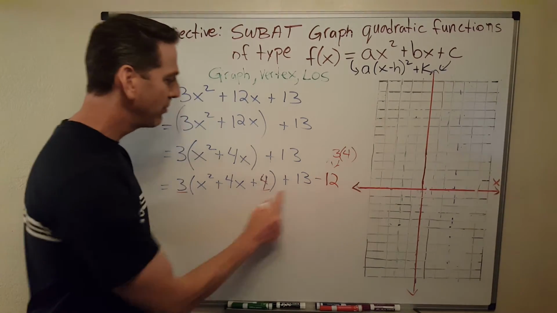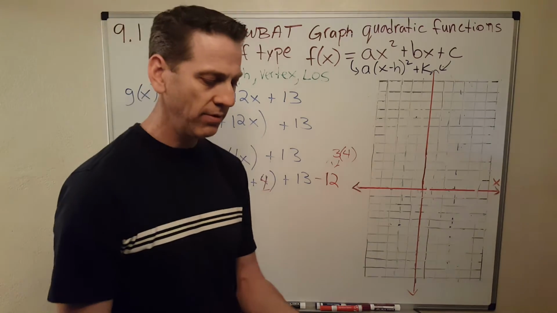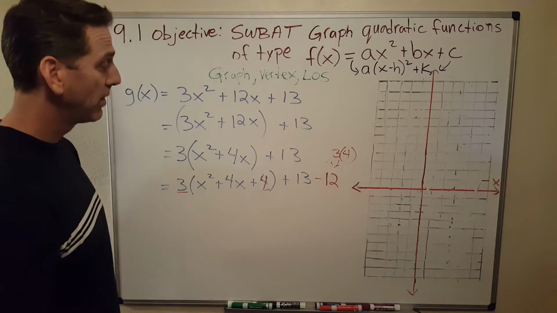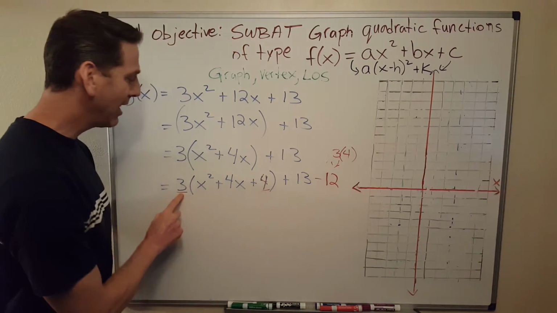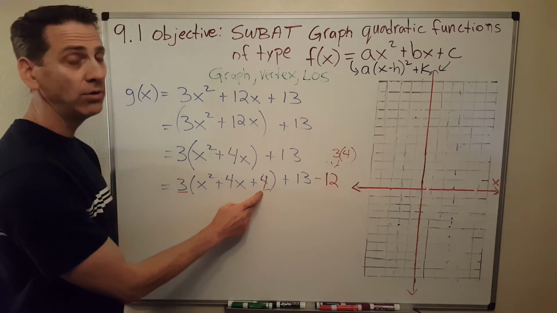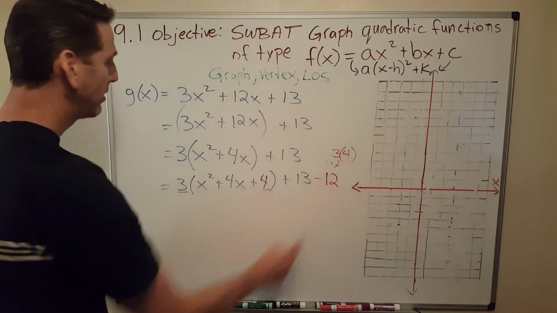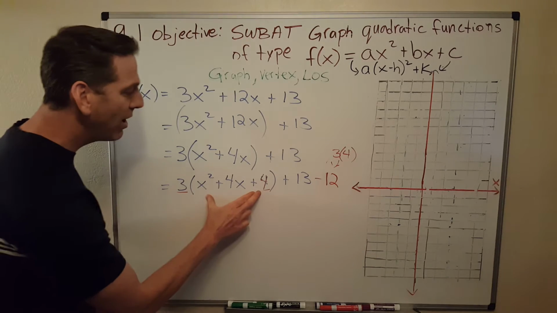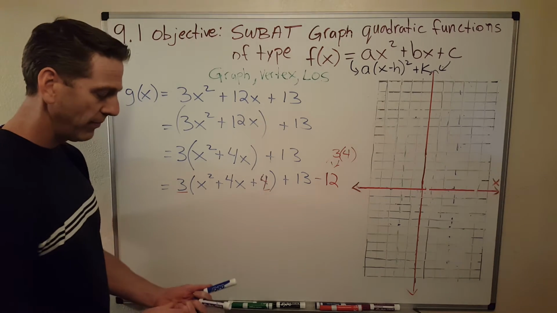And we subtracted it because we added it here, so we have to subtract it here to make it all come out even. All right, so that's really the trickiest part of this, is when you got that A on the outside, you got to be careful, because that guy right there is going to be multiplied by the A, okay? All right, so now I can go ahead and factor this trinomial, okay?